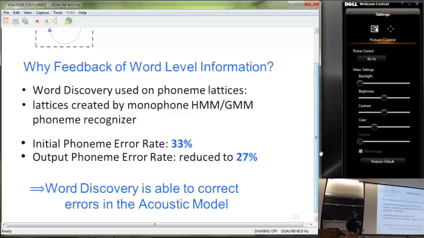After the word segmentation and reweighting the lattices, the system was able to reduce this phoneme error rate to 27%. So the phoneme error rate is reduced, and if the acoustic unit discovery uses this result to improve itself, we should see an improvement.